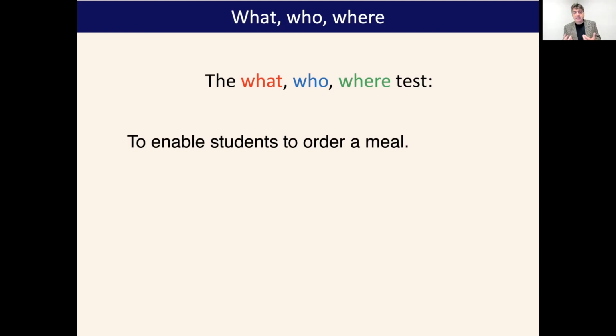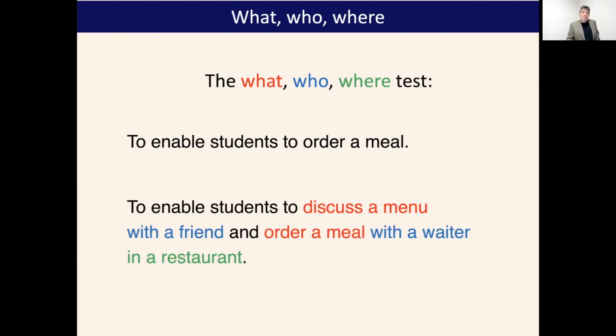So I need to start asking questions like what, who, and where. And that makes me expand the goal, and it will also help me with objectives. So if we ask what, who, where about that goal, we might add information to it. So to enable students to discuss a menu, that answers the what, what are they going to be talking about.